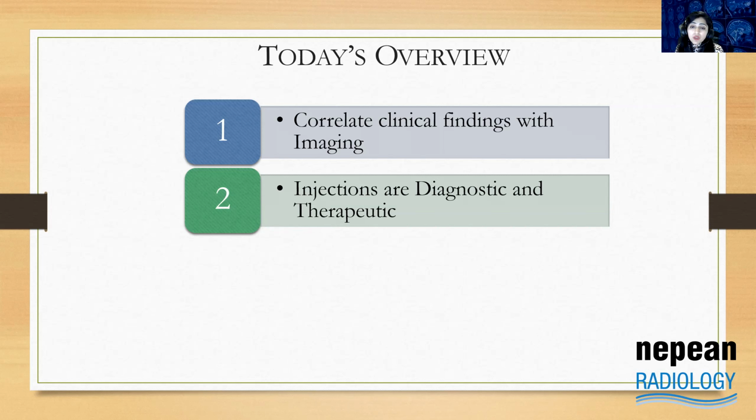So in that case, we start with the simplest, the subacromial bursa injection under ultrasound guidance. We do that injection, and if the patient is pain free, that means the pain was coming from that bursa. And if not, then we move on to the other, like a glenohumeral joint injection or shoulder hydrodilatation. So injections are diagnostic and therapeutic.